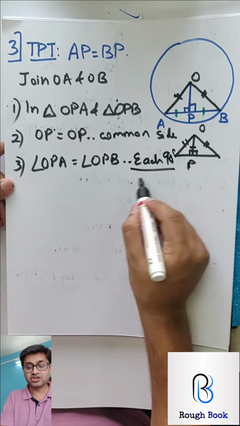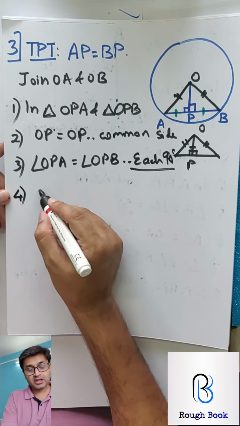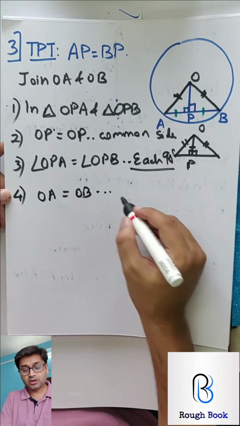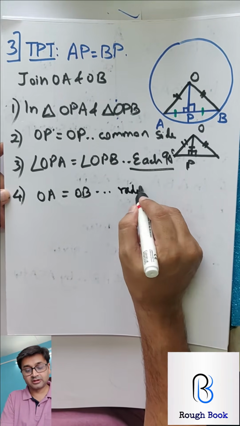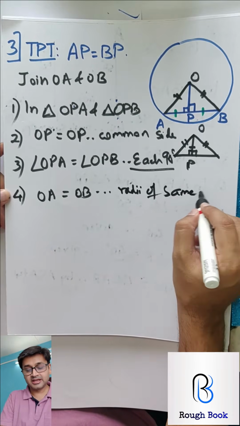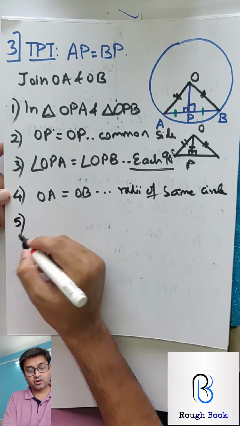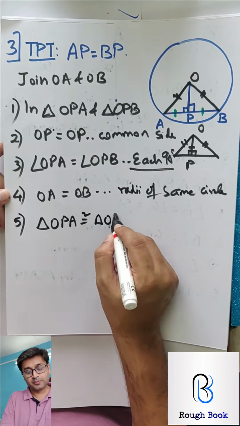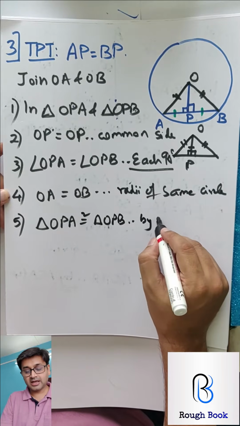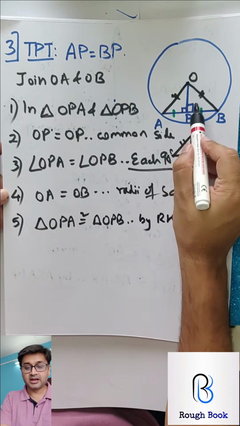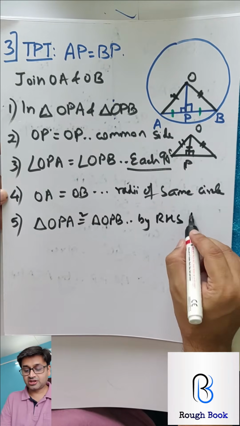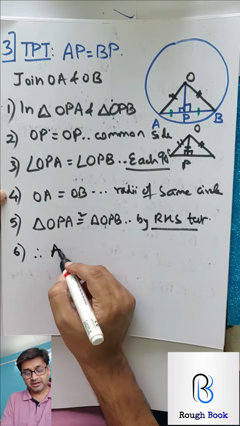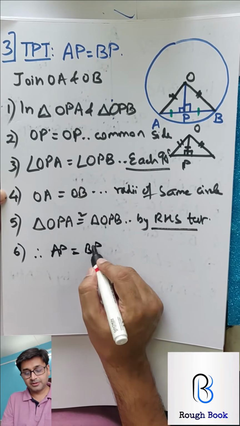That should be the reason. Fourth, OA equals OB. Why is OA equal to OB? Radii of the same circle. Now that you have got 3 parts, I can say triangle OPA is congruent to triangle OPB by what? By RHS. See, right angle, hypotenuse and side. So RHS test. Since I got the two triangles congruent, now I can say the green part AP equals BP.